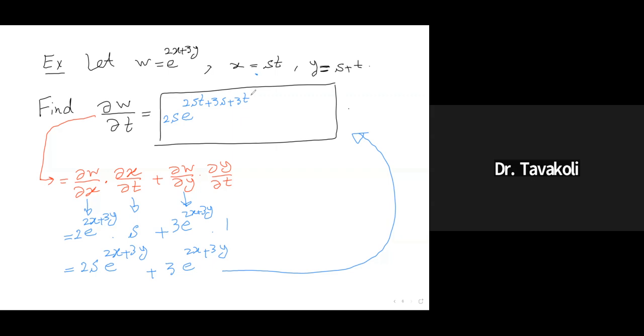So all of 2st plus 3s plus 3t is the exponent of that exponential part. Plus 3 times e to the power of 2x plus 3y, the same thing, 2st plus 3s plus 3t.